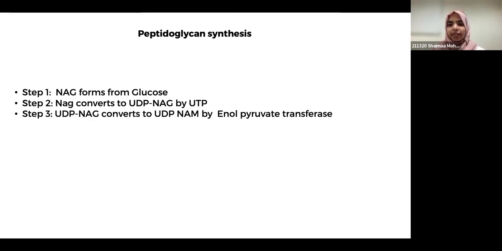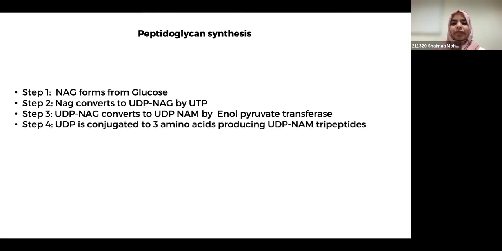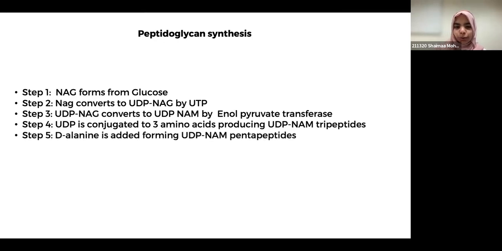L-alanine, D-glutamine, L-lysine, yes, perfect. So we form UDP-NAM tripeptides, 3 peptides. And then what are we going to do? What amino acids do we add next? Yes, add the 2 D-alanines, and you're going to form UDP-NAM pentapeptides, right?